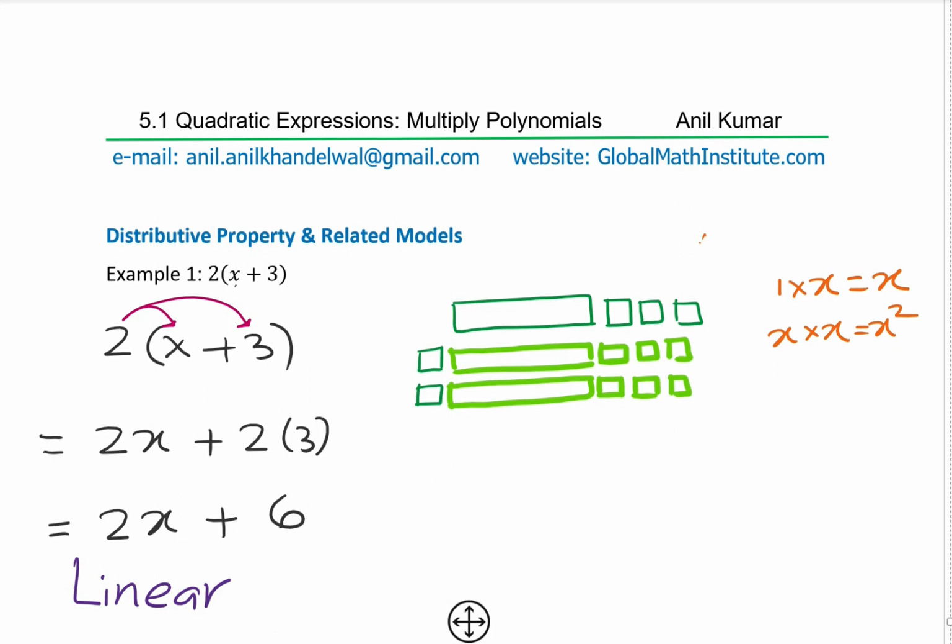The net result, of course, is you can just combine this. So get 2 x's and these 6 numbers, which is plus 6. As you see, it is exactly the same result as we got by multiplication.